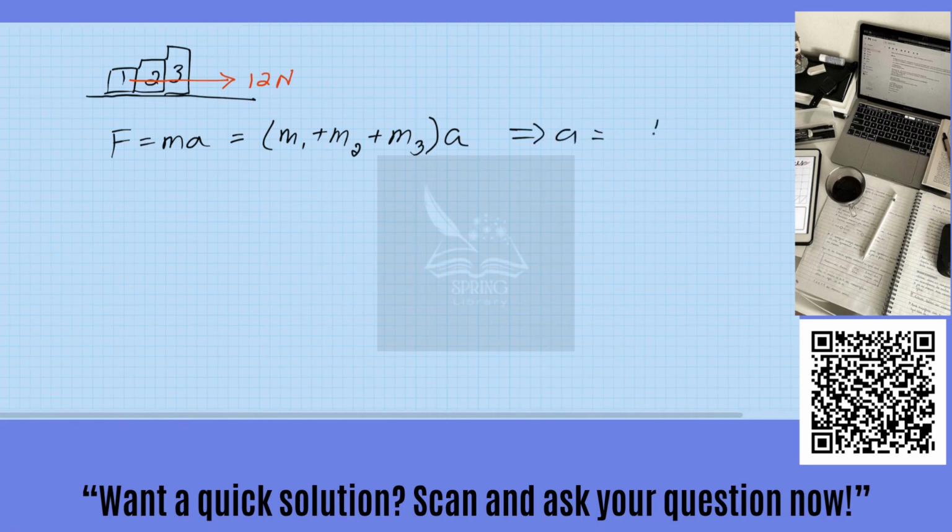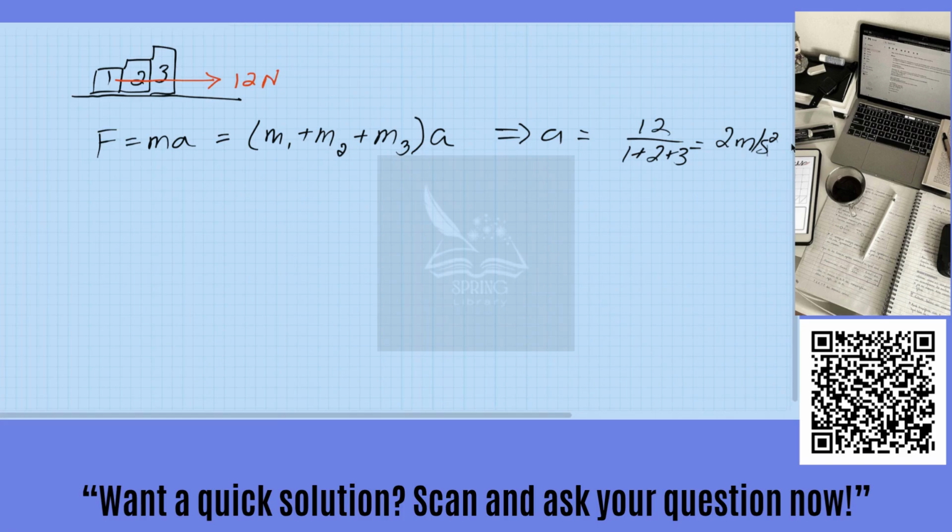So the acceleration is 12 over 1 plus 2 plus 3, which is 2 meters per second squared. So now we have the acceleration of the system. So now it's pretty simple to do the calculations. So force 2 on 3 is the mass 3 times the acceleration, which is 3 times 2, which is 6 newtons.